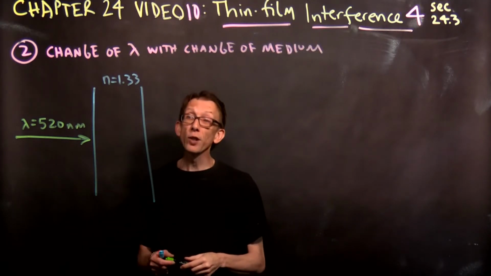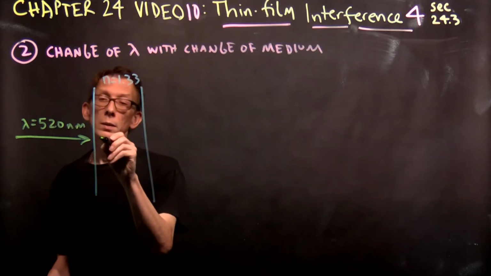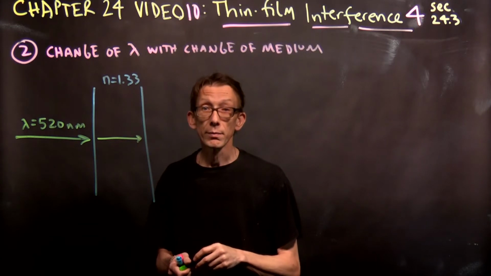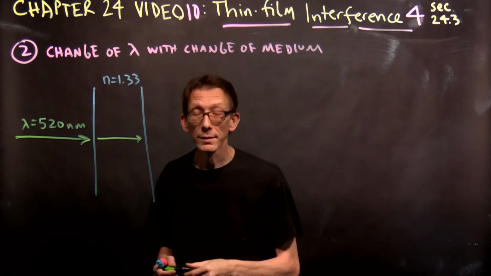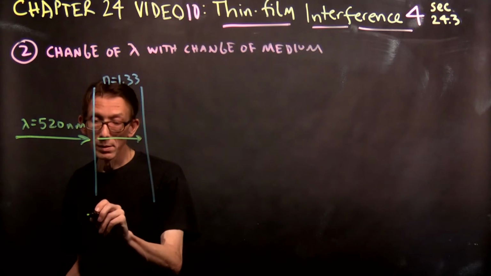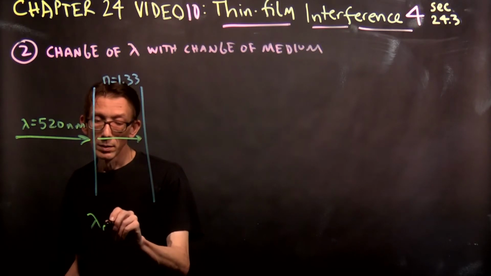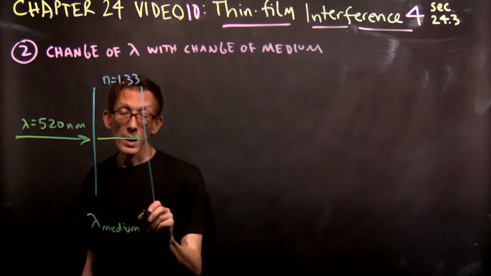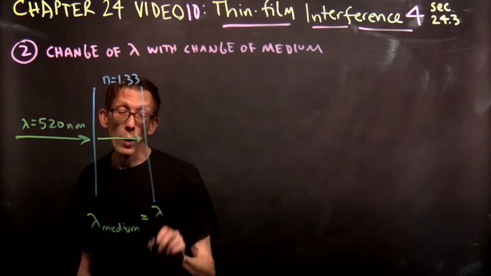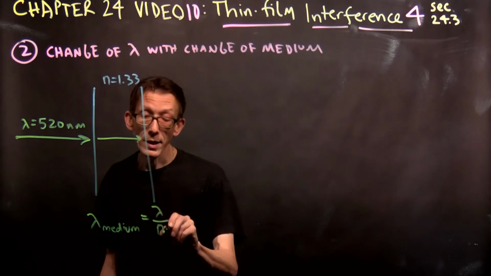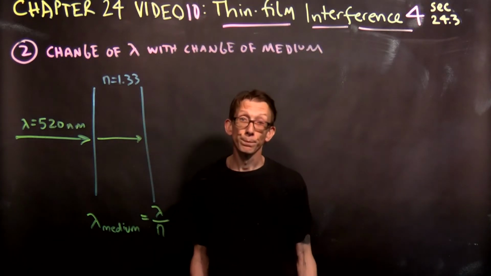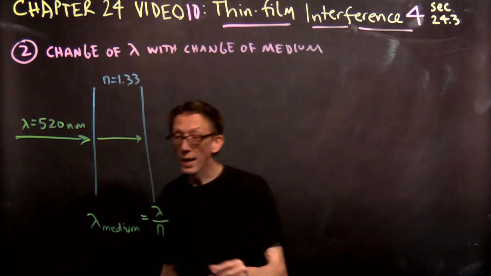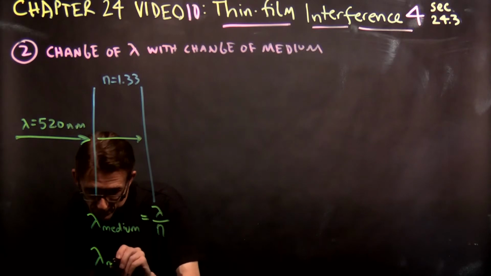When it enters a new medium, the wavelength changes. It gets less. The wavelength in the medium is equal to the original wavelength divided by the index of refraction of the medium. The wavelength gets less. So in this case, we'll call it lambda sub m.